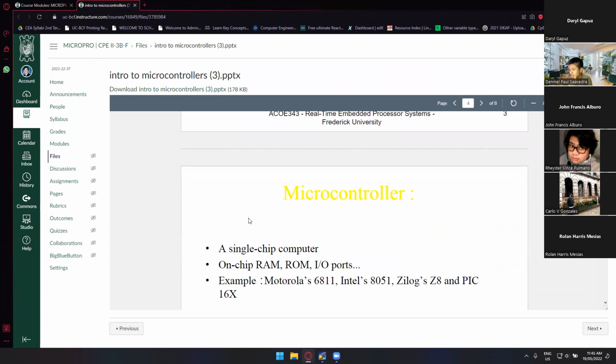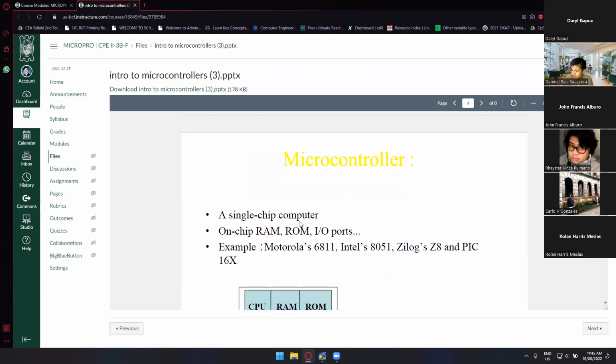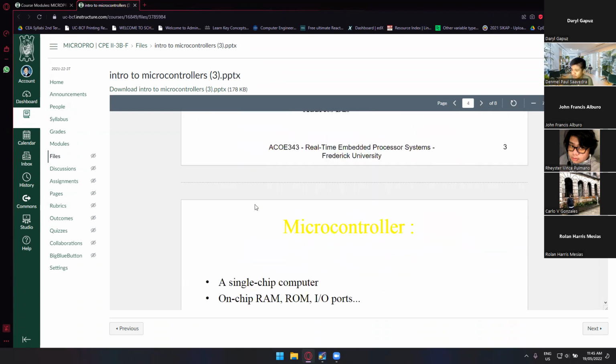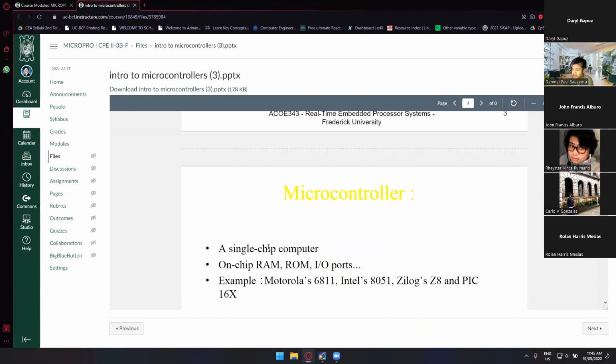Okay, moving on to the next one, which is a microcontroller, wherein this one is also a chip wherein it has the RAM and ROM and I/O ports. Okay, so I think that's the main difference. This one is just a CPU, and this one sometimes doesn't have input output ports.